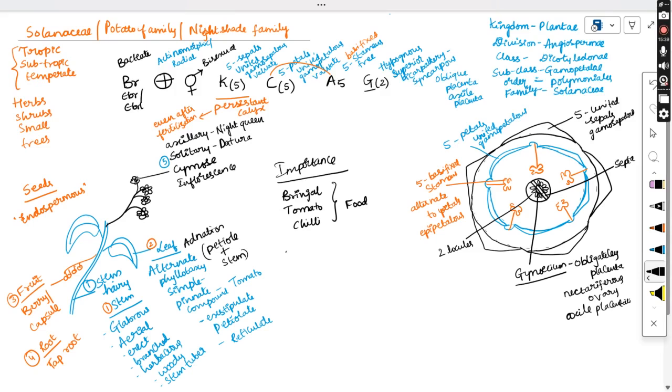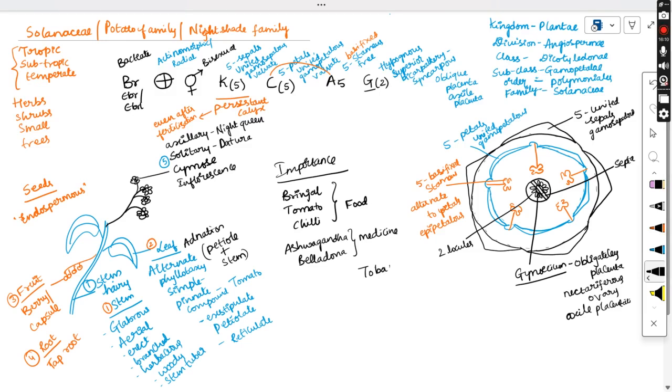Or they have medicinal uses, that is ashwagandha and belladonna. These two have medicinal properties. There is a plant called Atropa belladonna. We get atropine eye drops and belladonna plasters, which act against swelling and cause pupil dilation. So these have medicinal properties.